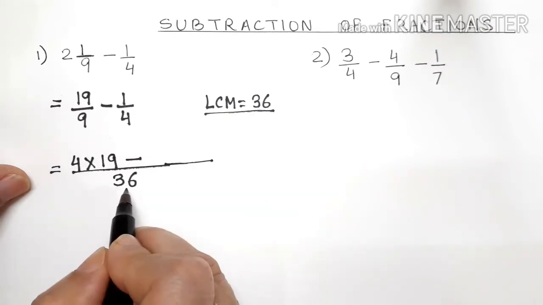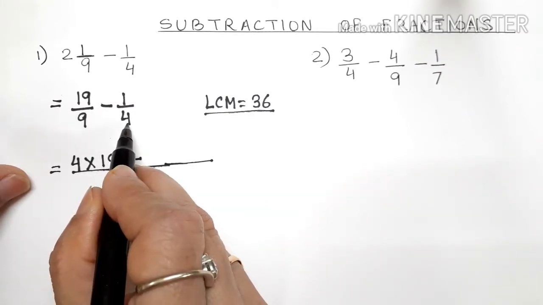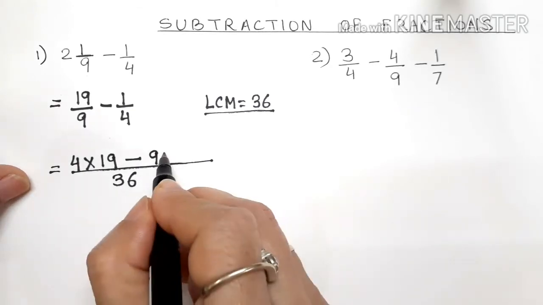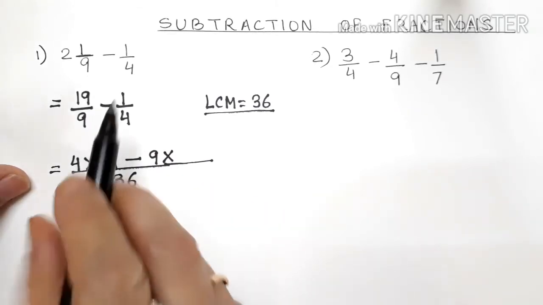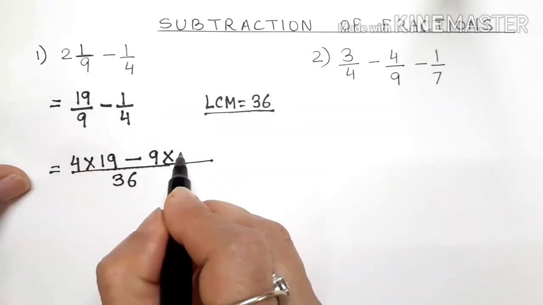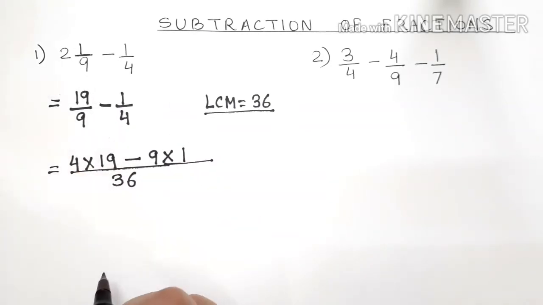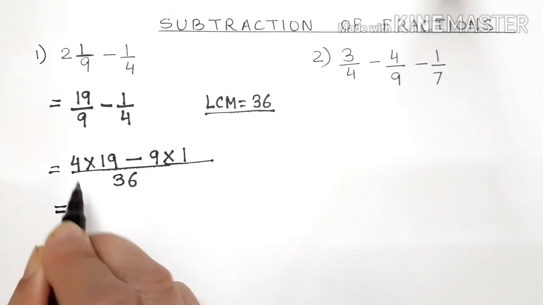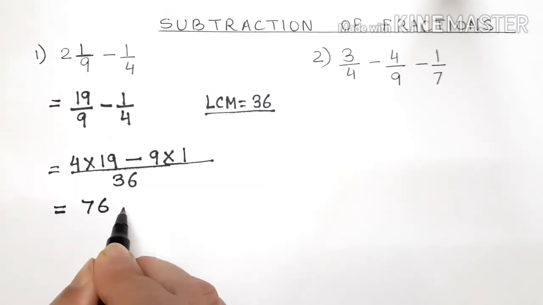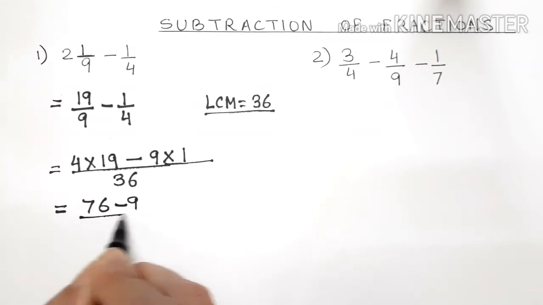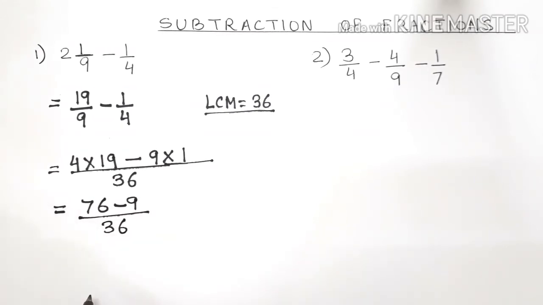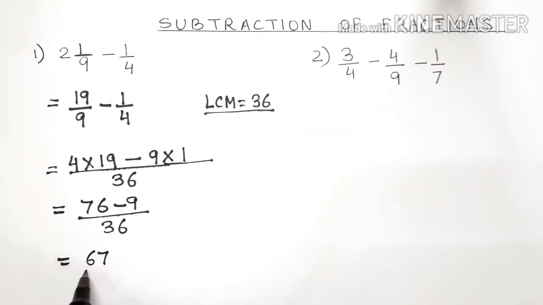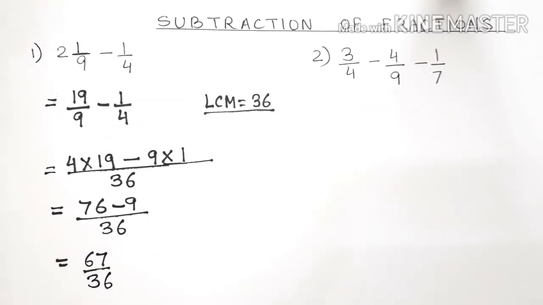So 36 divided by 4 will give you 9, multiplied by the numerator. Numerator here is 1. Okay, so what we get now is 76 minus 9 upon 36. That means 67 upon 36.